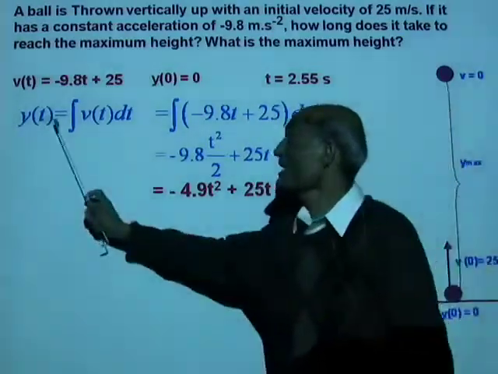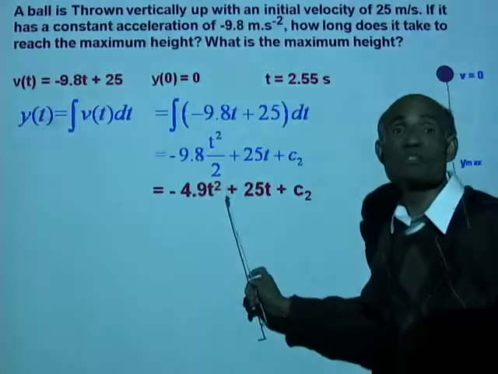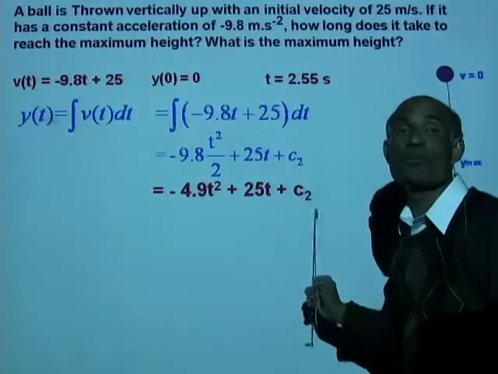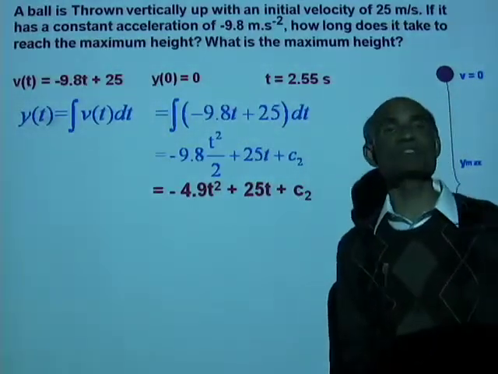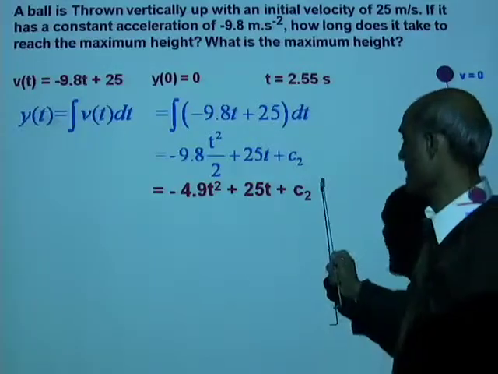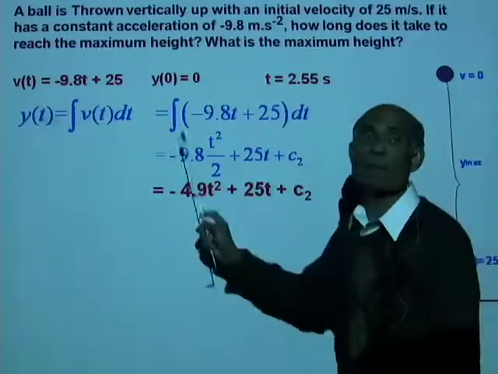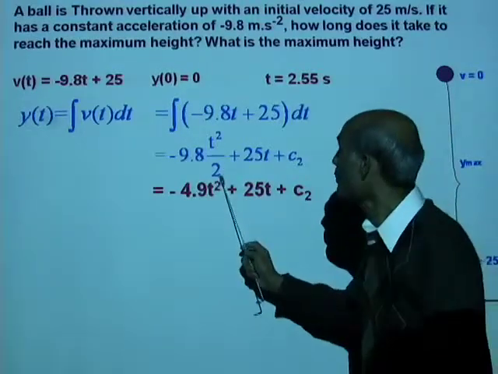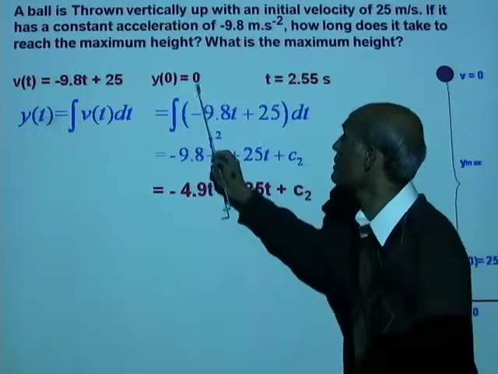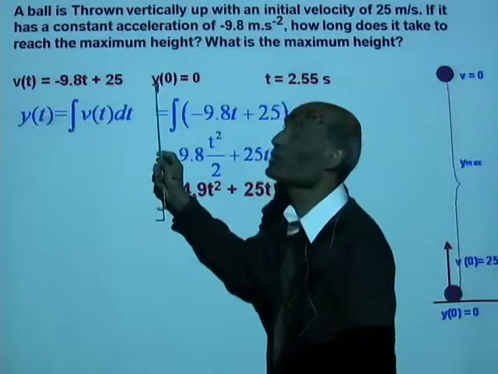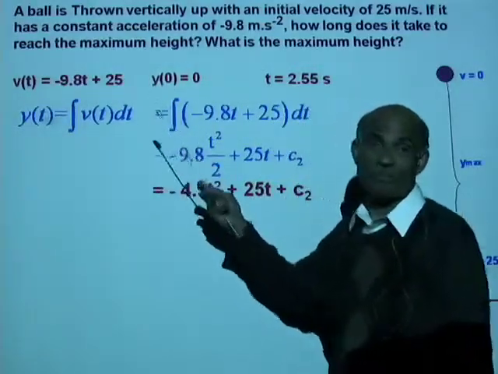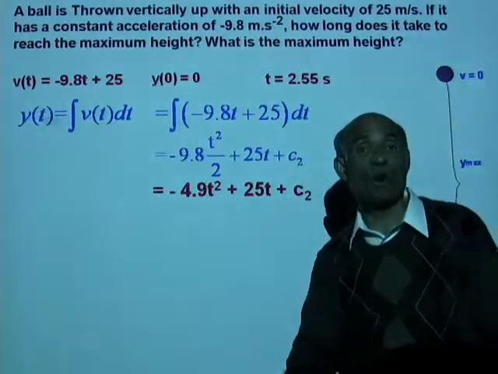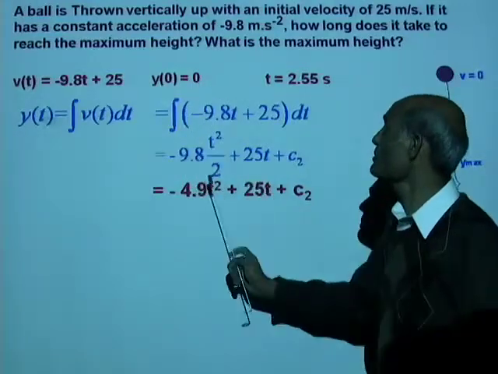In order that this position function may be useful to us, we need to know what that constant c2 is. We can do that from this condition. We know that when t equals 0, the object, the ball, is at the origin. So y0 equals 0.